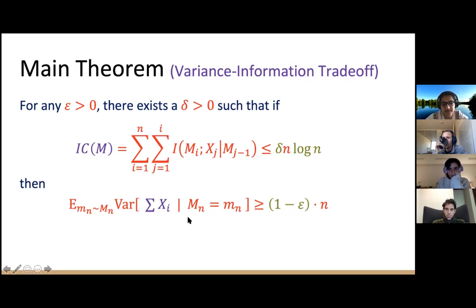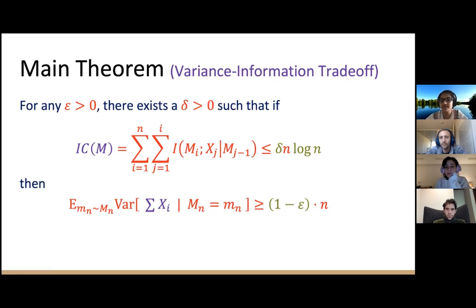Yeah, okay. So what I want to say is that this statement is equivalent to saying that the expectation of the sum of xi given one of the outputs, say 1, is close to 0.